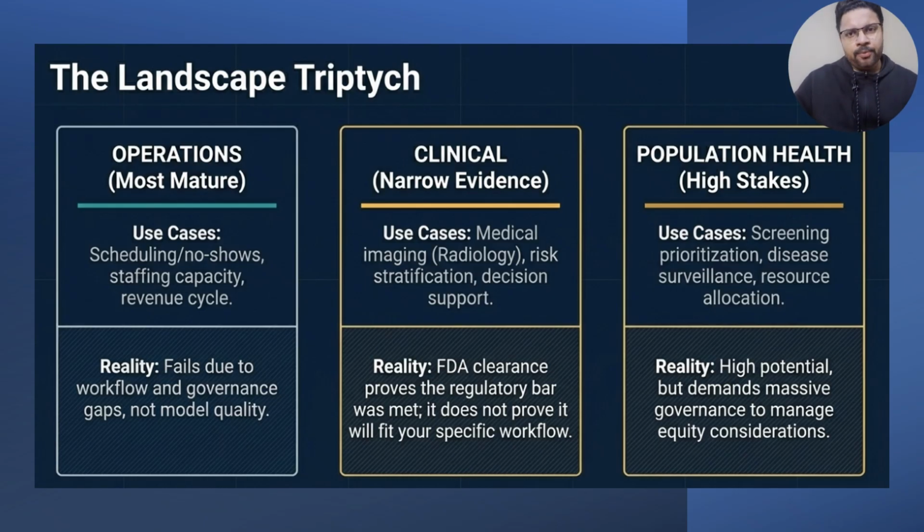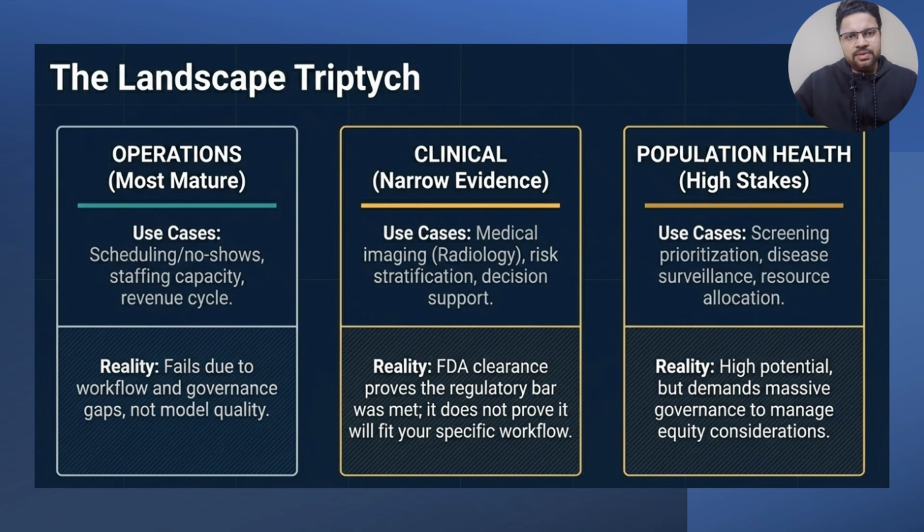First is operations, which is the most mature space for AI today. These include use cases like scheduling, no-show prediction, staffing, and revenue cycle optimization. Interestingly, most failures here are not because the model is bad, but because of workflow and governance gaps. The second is clinical AI, such as medical imaging, risk prediction, and decision support.